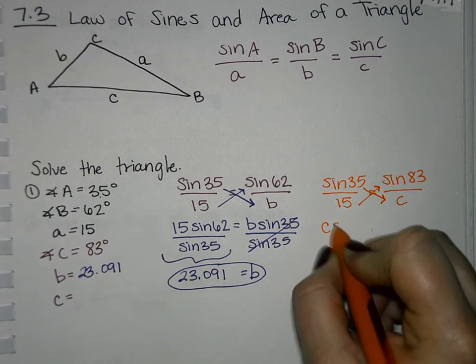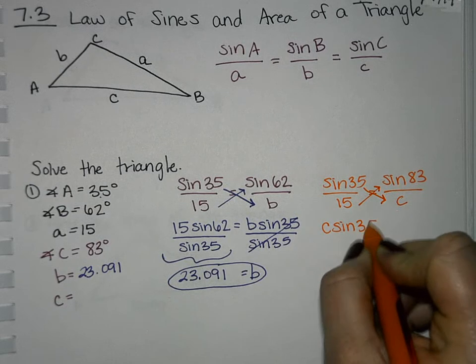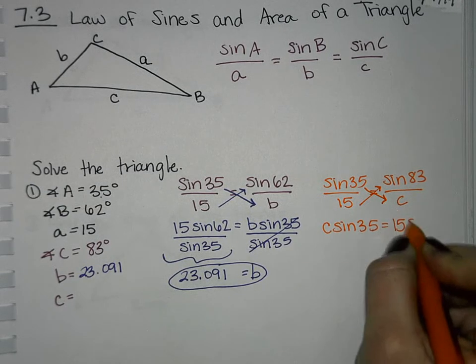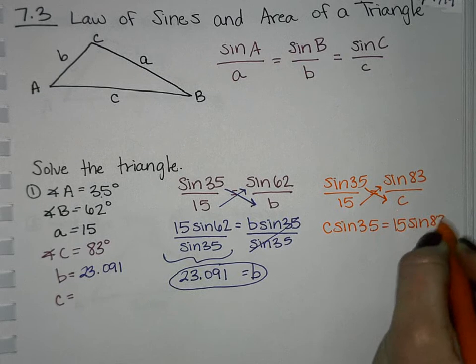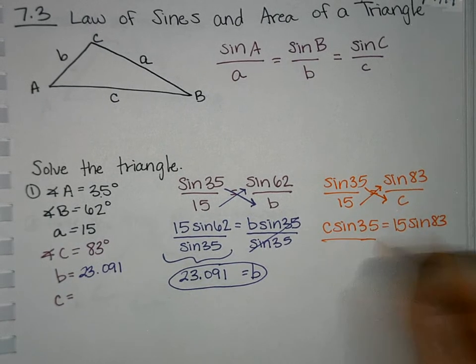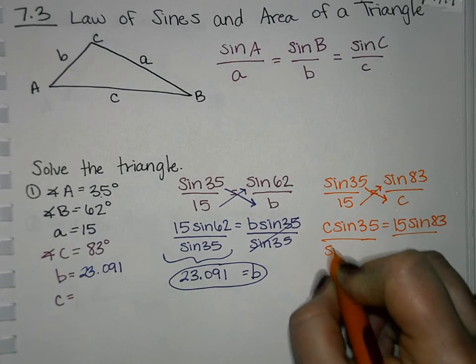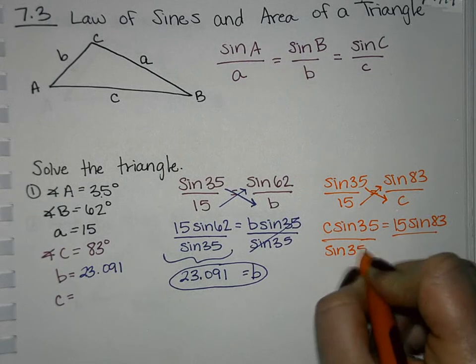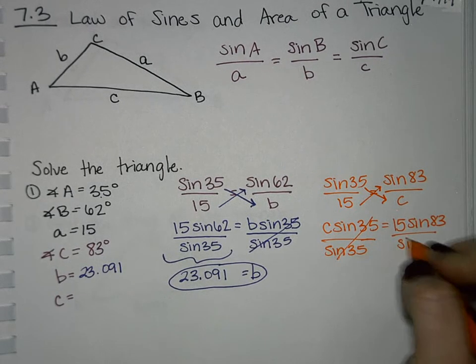So C times sine of 35 equals 15 sine 83. Divide both sides by sine of 35 to get C by itself.